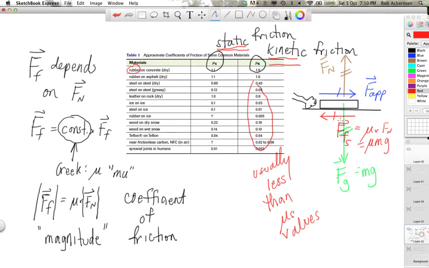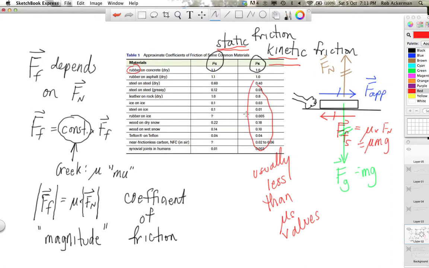And so to get something moving when it's not moving yet, when it's static, actually requires a little bit more force than if it's already moving. And for this reason, the static friction and the static coefficient values are usually going to be higher than the kinetic values.